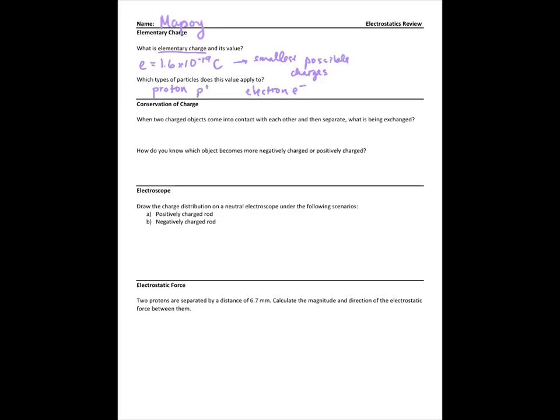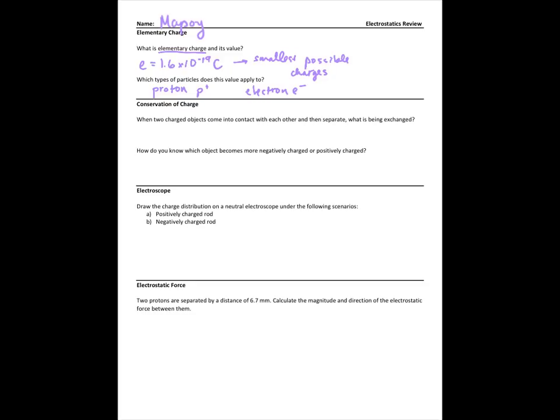So let's say if you want to increase your charge, if the proton carries the smallest possible charge, you can only go up in terms of protons or electrons. So 2 protons, 2 electrons, never part of a particle, like 1.5 or 2.5. Okay. So when you see problems with protons and electrons or elementary charge, you need to look at that number.